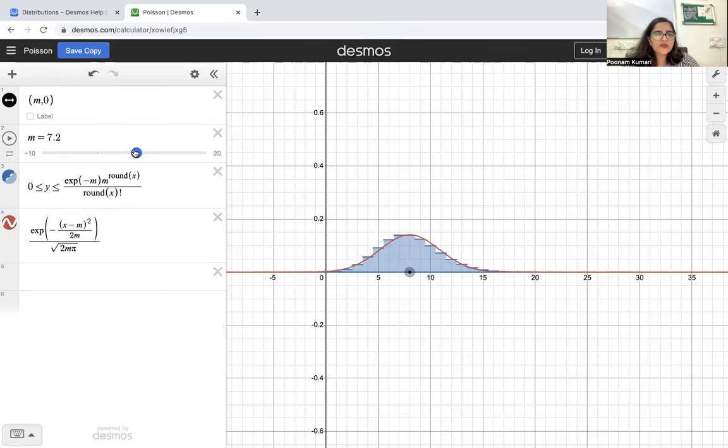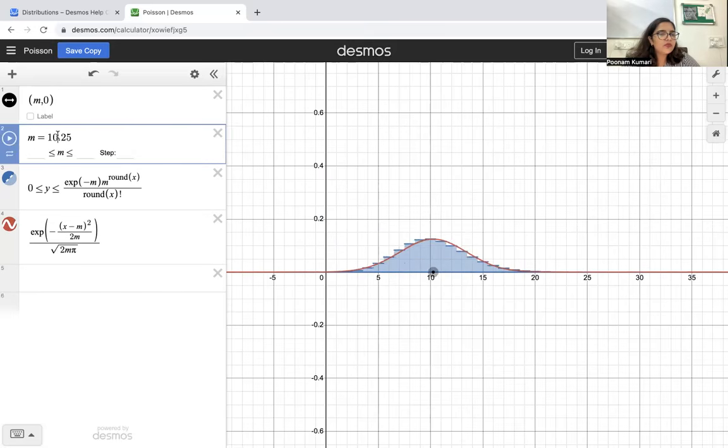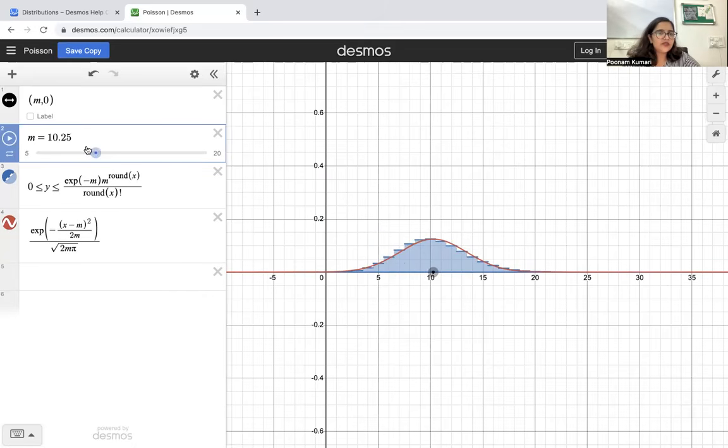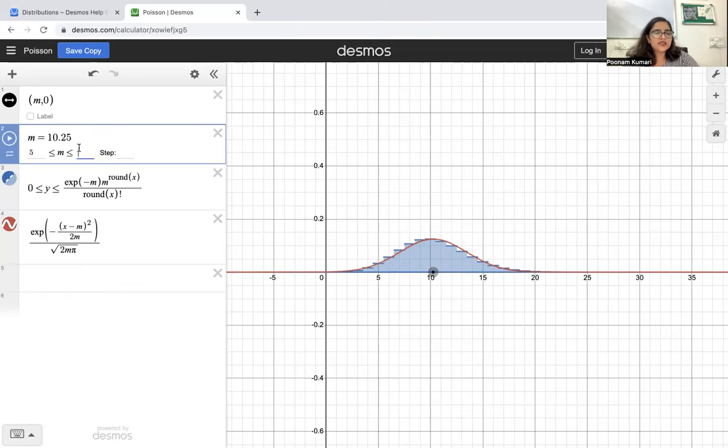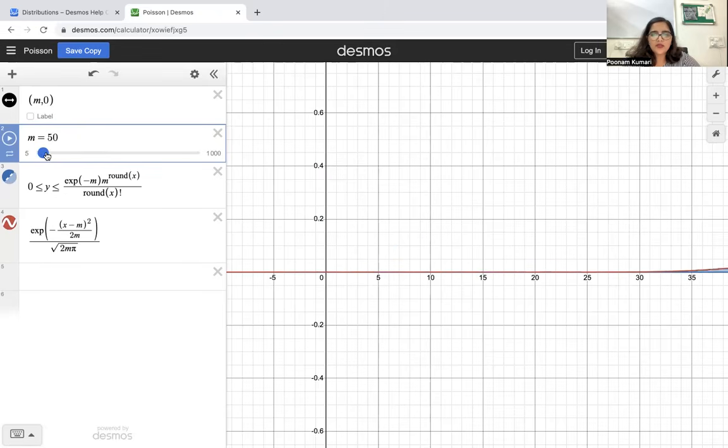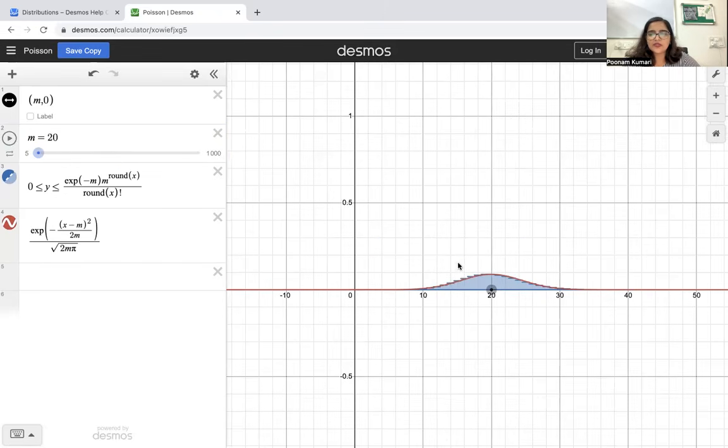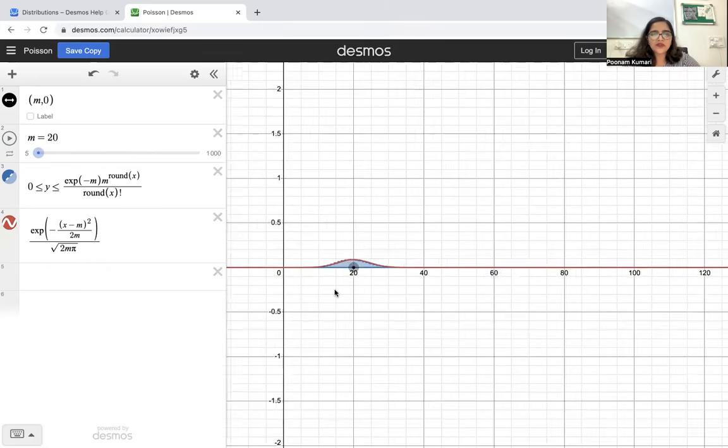Fine, so let's just reduce this value of m. So m value, let's say, start from 5 till, let's say, 1000. And you have the option to move it around.